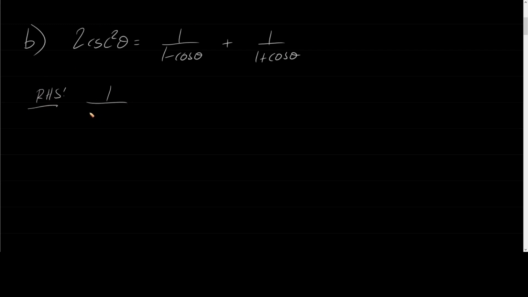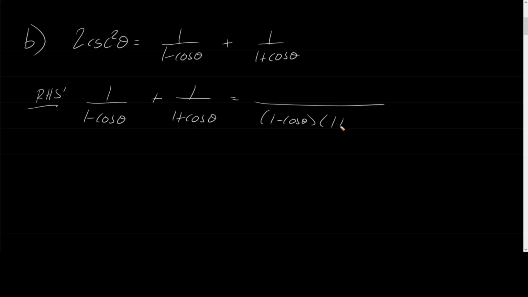And I have 1 over 1 minus cosine theta plus 1 over 1 plus cosine theta. And since I see here that these are two fractions, I'm going to combine them. So I have 1 minus cosine theta times 1 plus cosine theta on the bottom. And since I'm adding these fractions, this is going to give me 1 plus cosine theta plus 1 minus cosine theta on top.